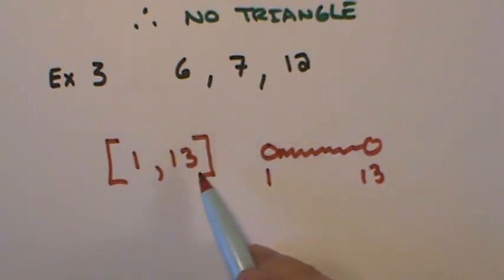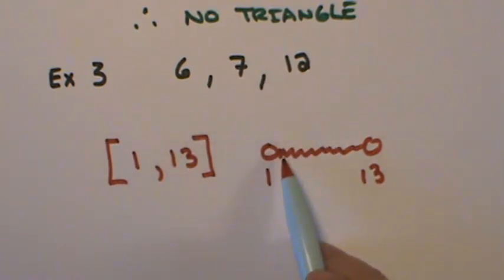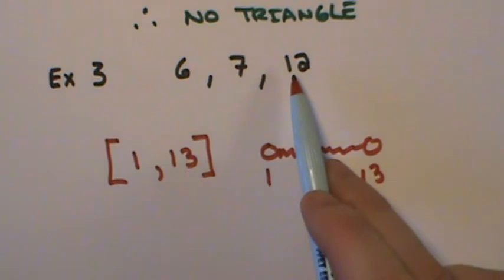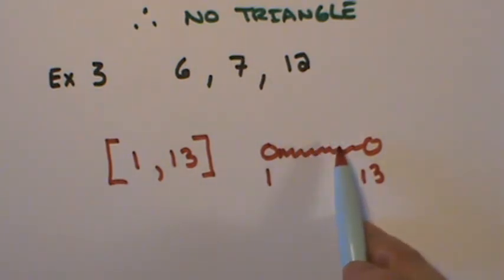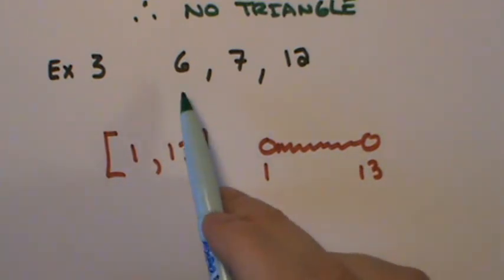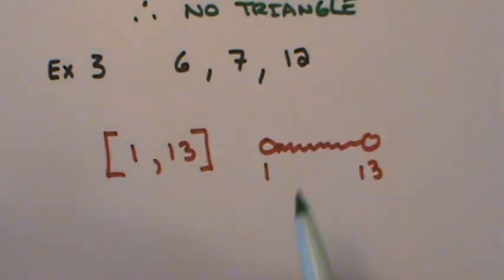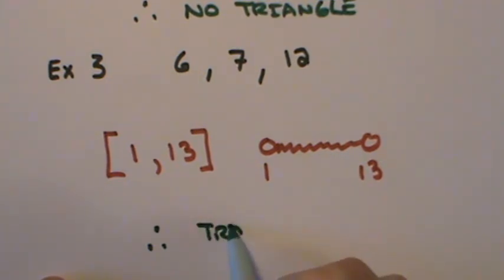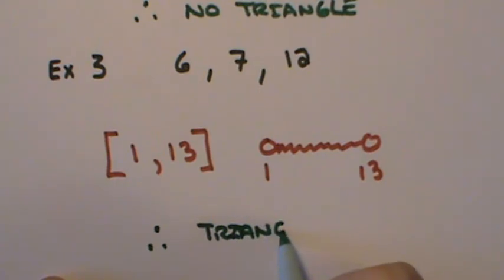And I'm simply asking myself, does 12 fall in this interval? Does 12 fall in this shaded region? In this case, it does, which means that I can make a triangle out of the sides 6, 7, and 12. And so you say, therefore, a triangle exists.